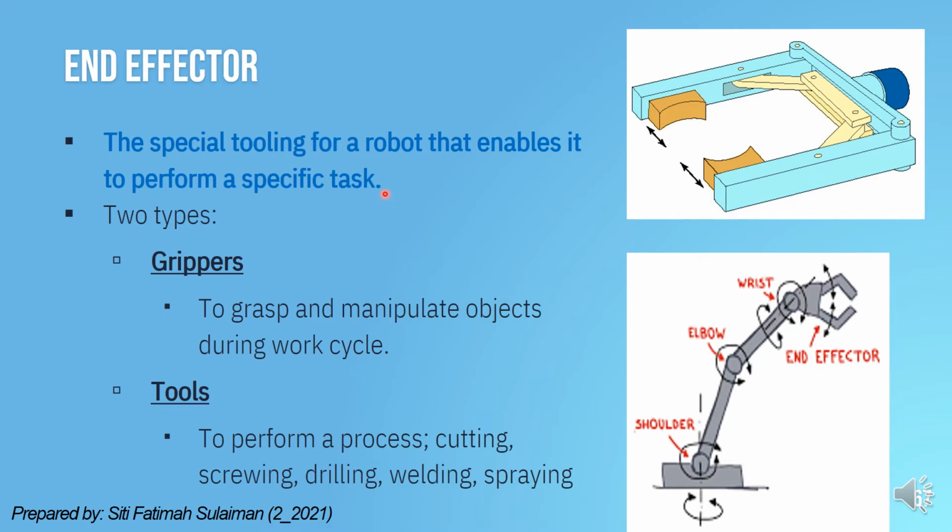Basically, there are two types of end effector commonly used in manipulators, which are gripper and tool. A gripper is used when the task requires work such as grasping and manipulating objects. Meanwhile, a tool is used when the task requires performing a process such as cutting, screwing, drilling, welding, and spraying.